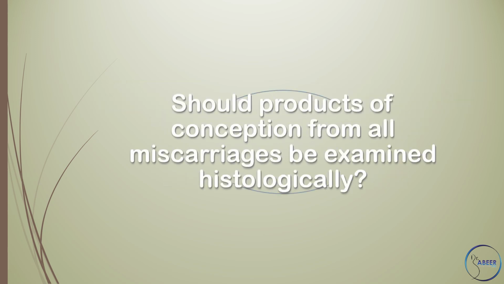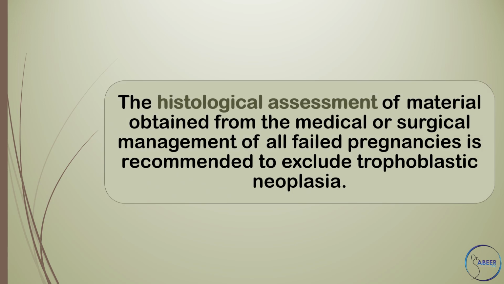Should products of conception from all miscarriages be examined histologically? The histological assessment of material obtained from the medical or surgical management of all failed pregnancies is recommended to exclude trophoblastic neoplasia.